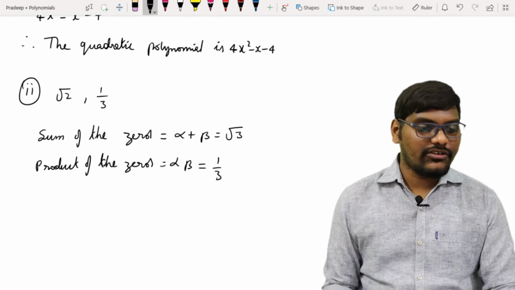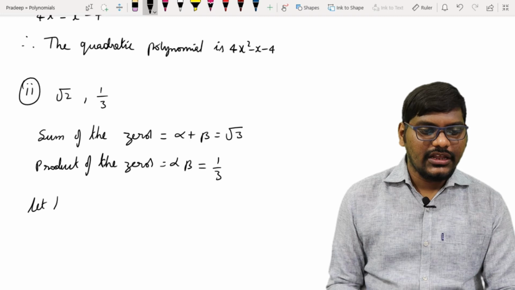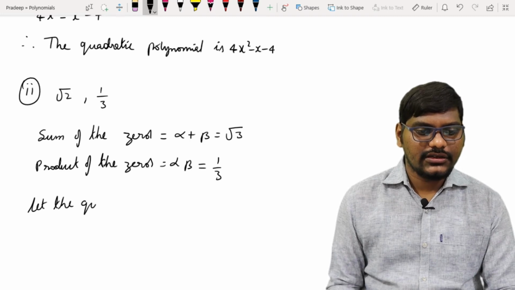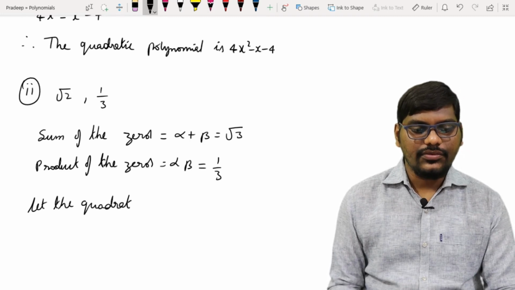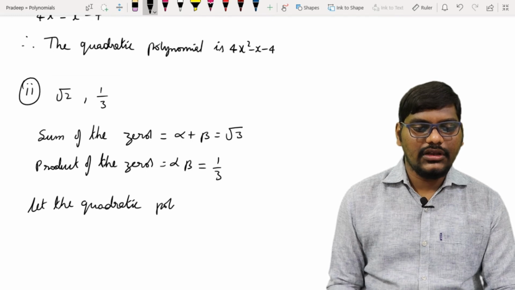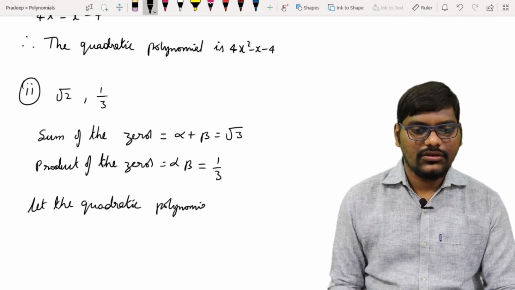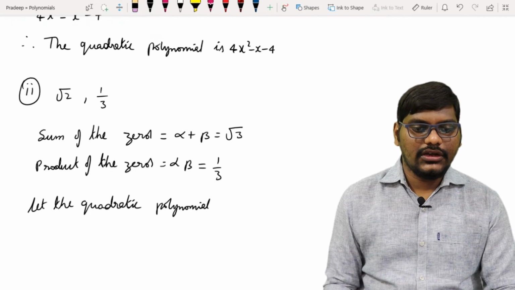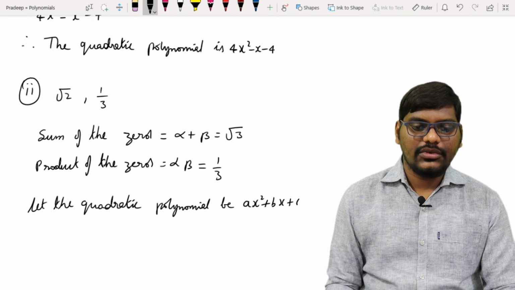So what is the general equation for quadratic? I can write, let the quadratic polynomial that we can write be ax square plus bx plus c.